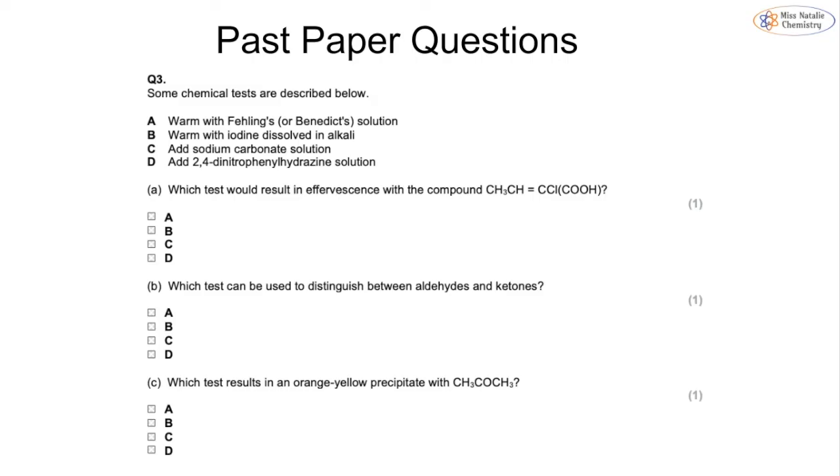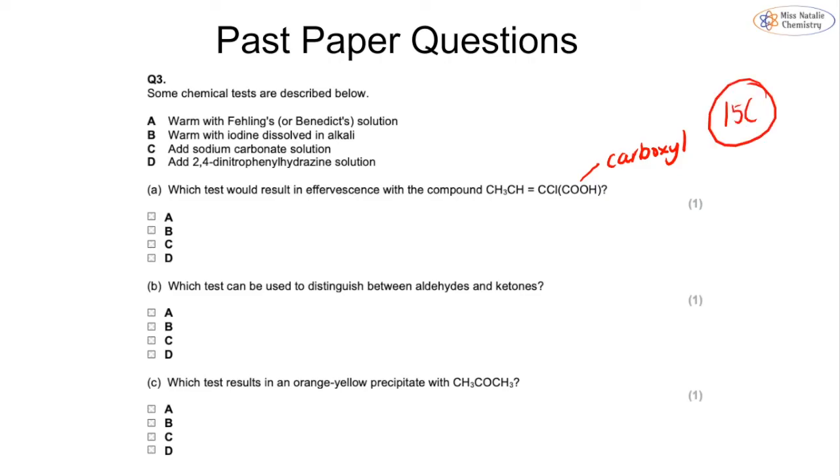For question 3, we've got some chemical tests. Number 1, warm with Fehling's or Benedict's solution. The second test, warming with iodine dissolved in alkali, so your iodoform test. C, adding sodium carbonate solution, and D, adding 2,4-DNPH solution. So we want to see, first of all, which test would result in effervescence with the compound given here, and we can see that we have got a carboxylic acid, or a carboxyl group here, and we'll talk more about that in topic 15C.